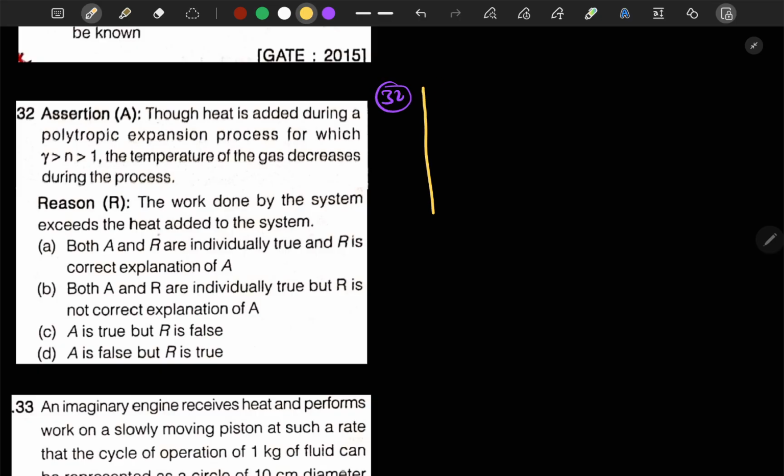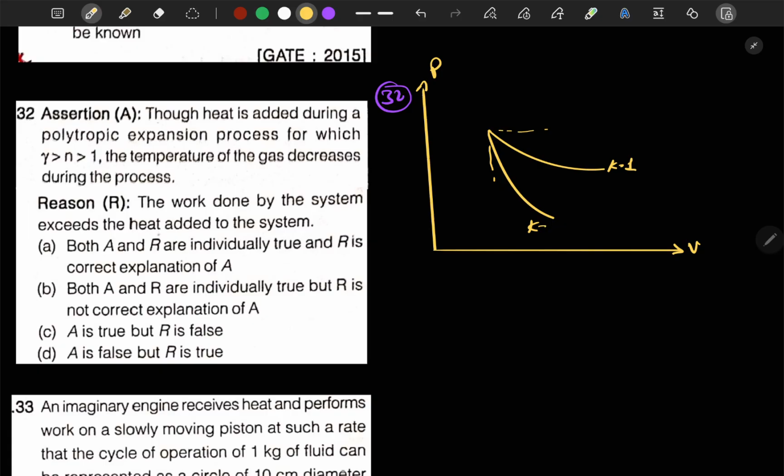If we draw the PV diagram, volume V, pressure P. Since it is a polytropic expansion, you should know that it is something like this. This is isothermal, this is adiabatic, this is K equal to 1, this is K equal to gamma.